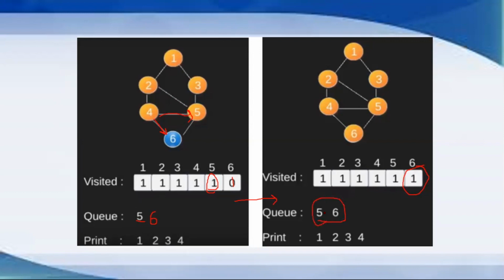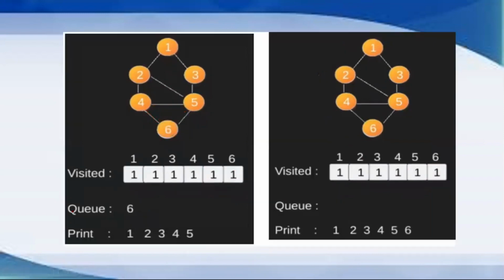Now what will I do? I will remove 5 from the queue and I will print it. Then I will search for any unvisited adjacent node of 5. The adjacent nodes of 5 are 6, 4, 2, or 3.